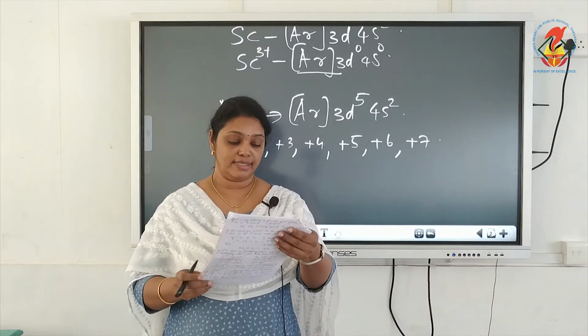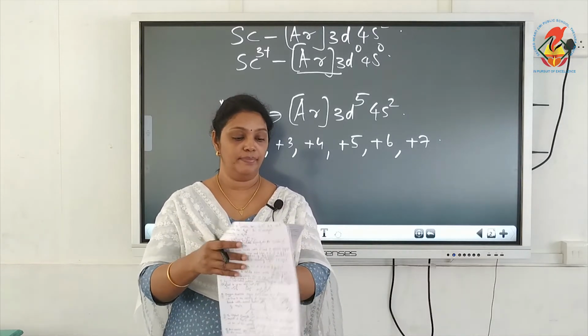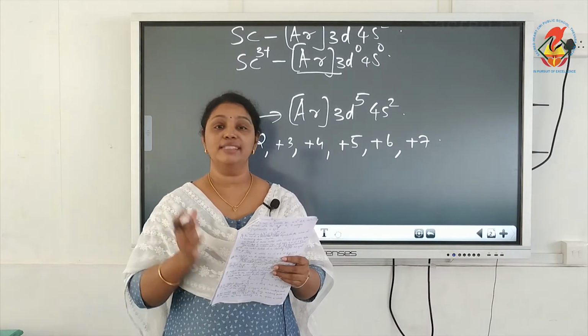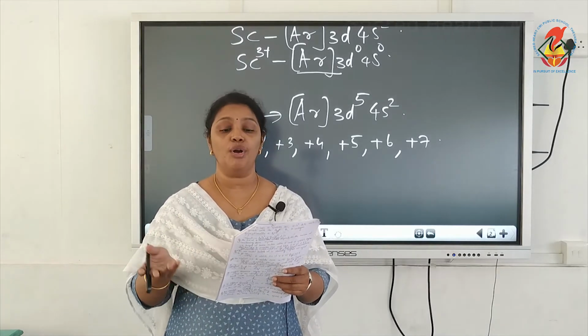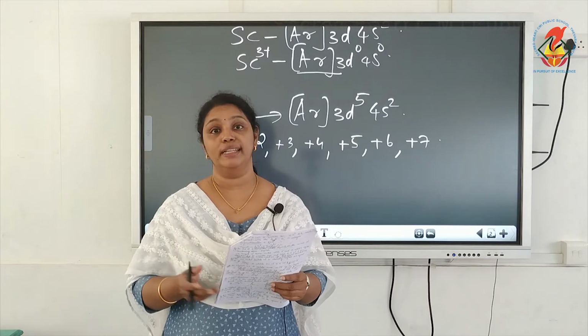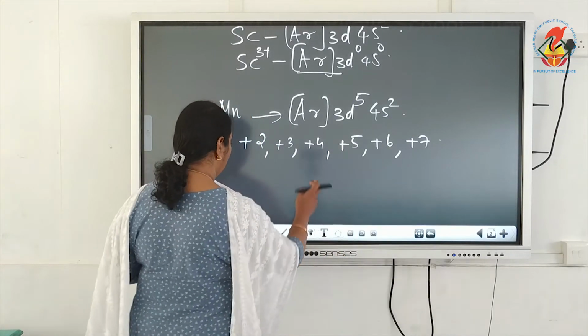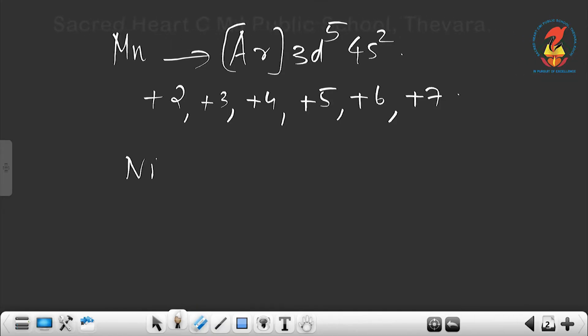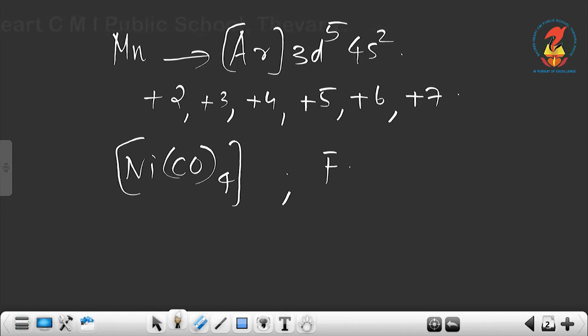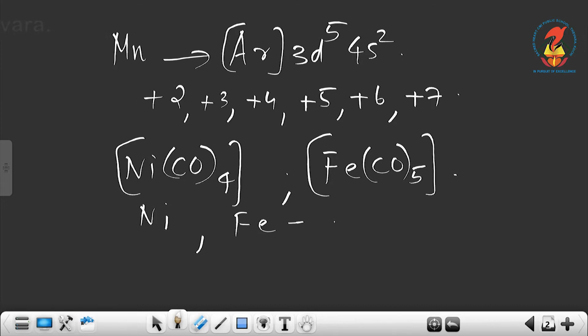Now, next we have transition elements showing zero oxidation state, especially in the case of metal carbonyls. We have already seen these metal carbonyl examples, Ni(CO)4, then another example, Fe(CO)5. Now, the oxidation state of the metals nickel and iron in these compounds is equal to 0.